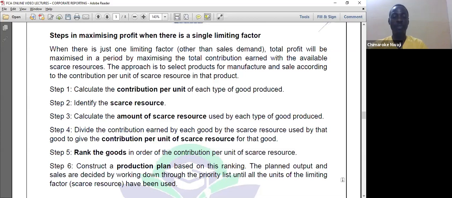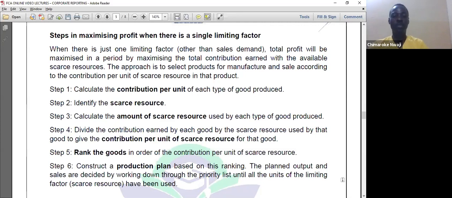That's your variable cost. So your selling price per unit minus your variable cost per unit gives you your contribution per unit. That is important because we said contribution is very important. But now when it comes to limiting factor, something is much more important than contribution per unit.